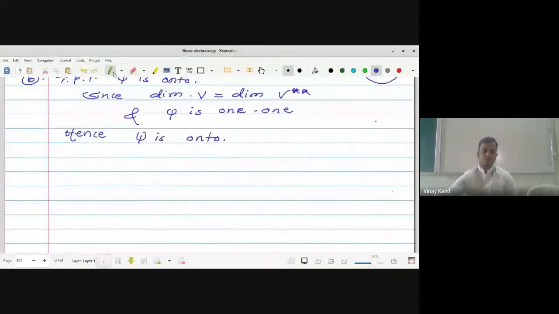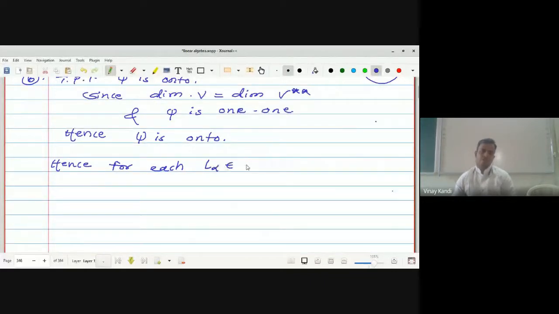Okay, so here the psi is onto. Okay, hence for each, what is the meaning of onto? Hence for each L alpha belongs to our codomain V double star, there exists alpha belongs to V such that psi of alpha is equal to L alpha.